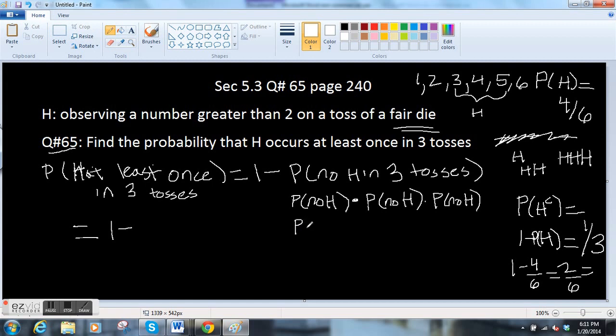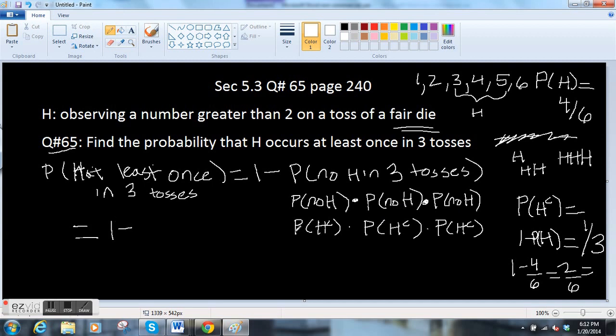Again, you could also write this as the probability of H complement times the probability of H complement on the second toss times the probability of H complement on the third toss. So because they are independent tosses, we multiply, it's and. So we multiply the probabilities together. No H and turns into a dot. You can think of and turns into a dot when they're independent.